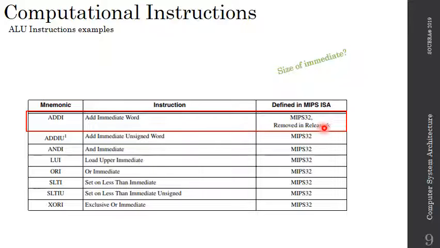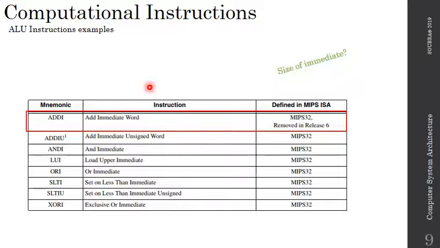The Mars is implementing an older version of the MIPS. It doesn't exist anymore in the newest version, so wow, that's a shocker. Why would the MIPS people decide to do something like that? By the way, what would be the size of the immediate part?